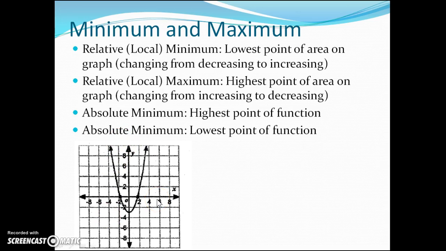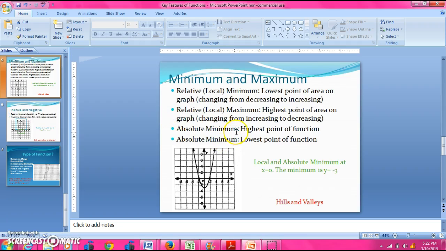So we're going to have relative minimums and maximums and absolute minimums and maximums. In this case, our relative and absolute minimum are both this point down here. Tomorrow we'll look at a few examples of where you will have local minimums and different absolute minimum or maximums. I just noticed that there is a typo, so this should say absolute maximum is the highest point of the function.